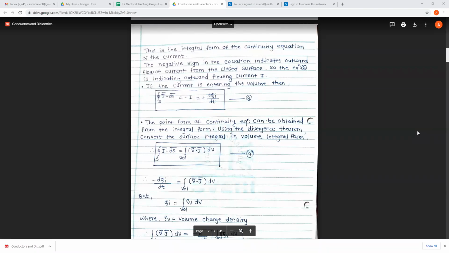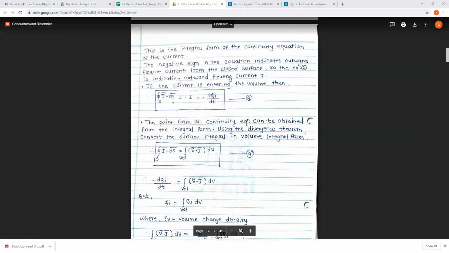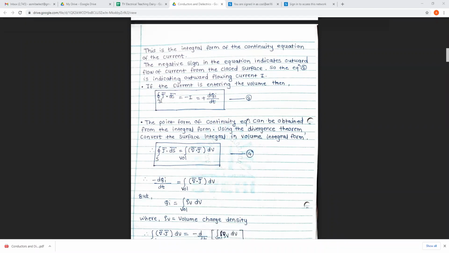So when current flows from outside towards inside, it is given by the closed surface integral of j bar dot ds bar, which is equal to minus I, and it is equal to plus dqi upon dt. Simply, the sign gets changed.